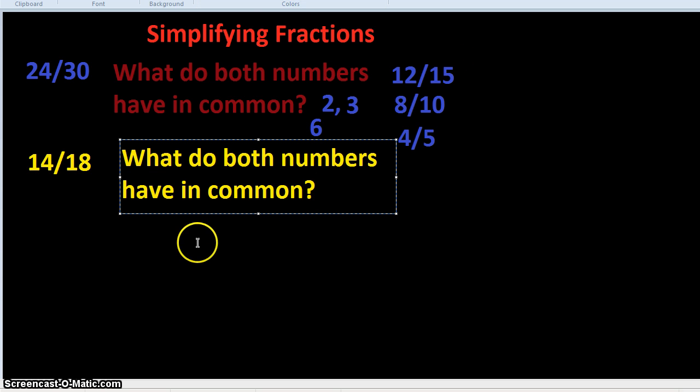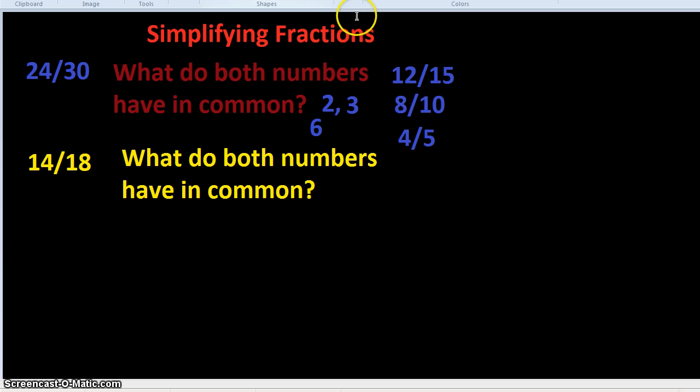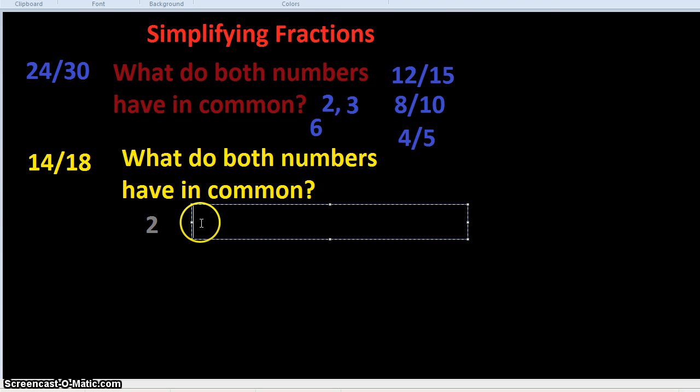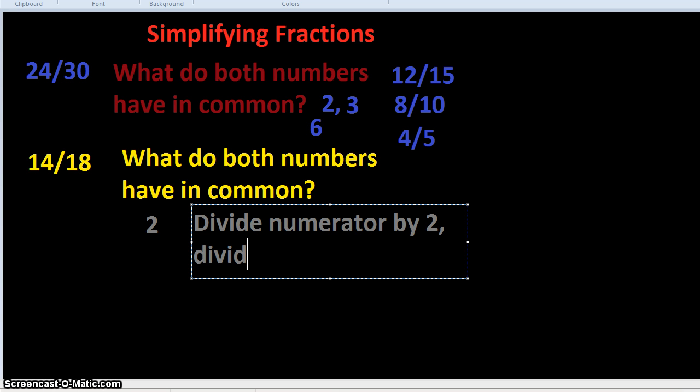And I would say 14 and 18, they both have, let's say in grey, 2 in common, because of the fraction you get when you divide the top side, or the numerator, by 2 and divide the denominator, which is the bottom side, by 2.